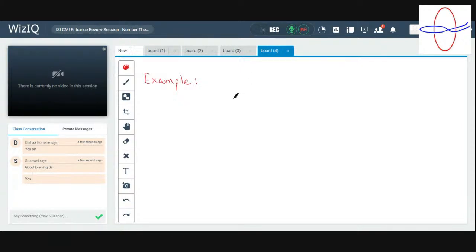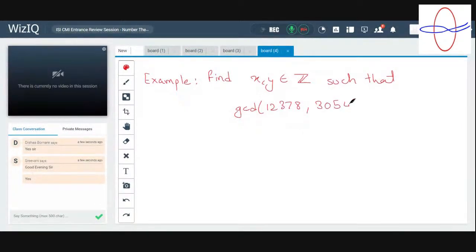So if I have a problem that says find x, y belonging to the set of integers such that their GCD, the GCD of these two numbers, is equal to this linear combination, which we know will happen as we've previously noted.